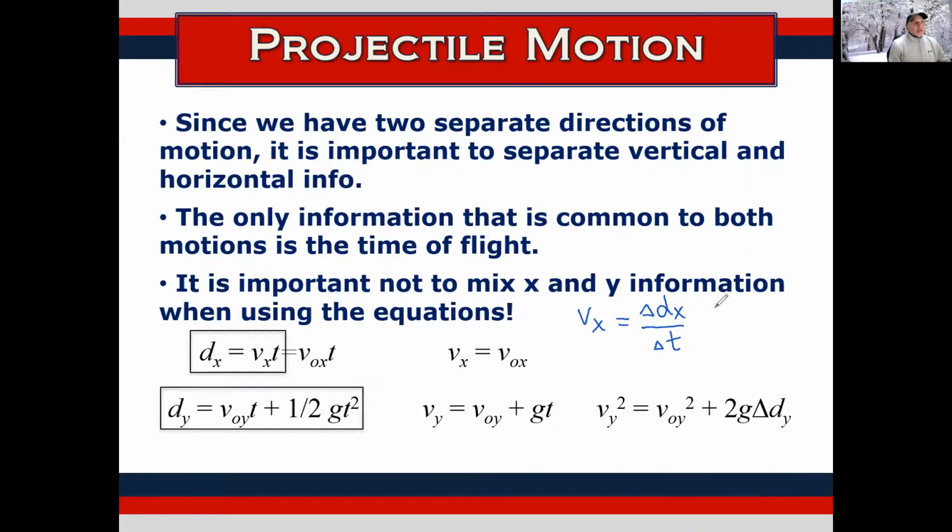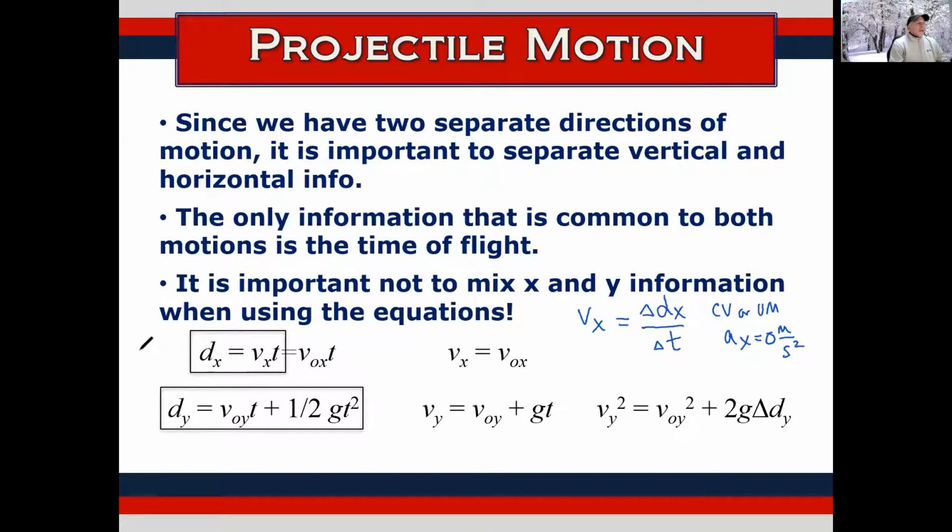In the X direction, we have constant velocity or uniform motion, which means the horizontal acceleration is 0. Then we can use this equation, but we can only use it for the x direction, the horizontal motion. The good thing is the entire projectile motion unit, this is the only equation you use for the x direction.